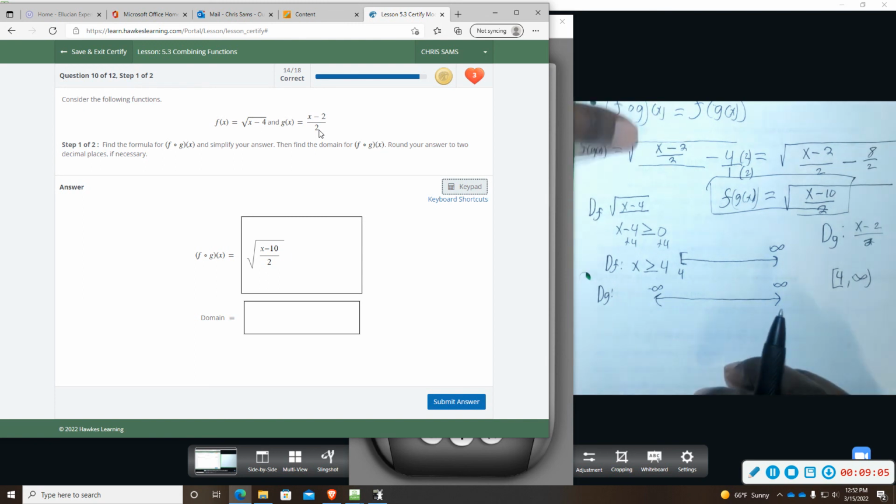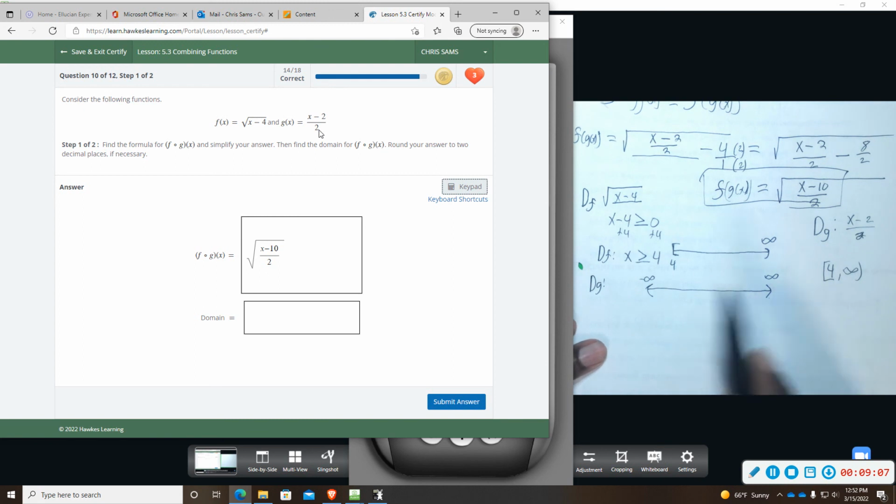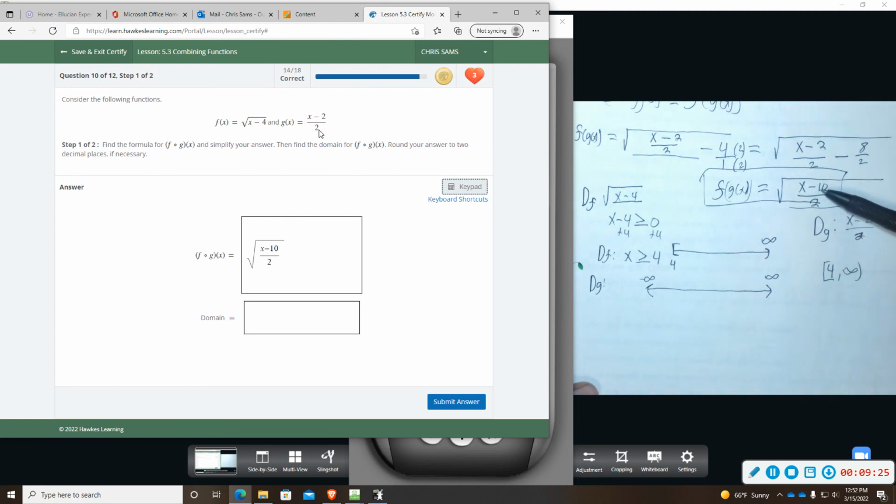The domain of g didn't have any restrictions. However, if it did have restrictions, those restrictions would carry over to this one. So let's just look at the domain of this and compare.